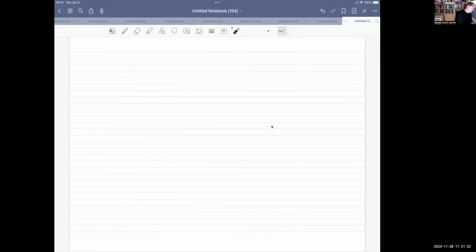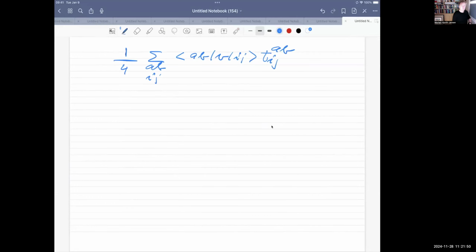So we have one divided, let's just use a blue color, 1 divided by 4 of a, b, i, j. And then we have the matrix element. We have an a, b, v of i, j. And this is multiplied with a t, i, j of a, b. Now the way we wrote that one in a more compact manner was in terms of this Einstein summation, where we have assumed that we sum over a and b and i and j.